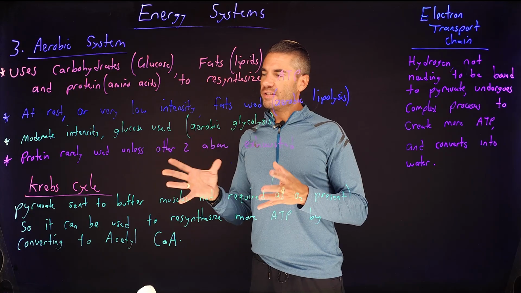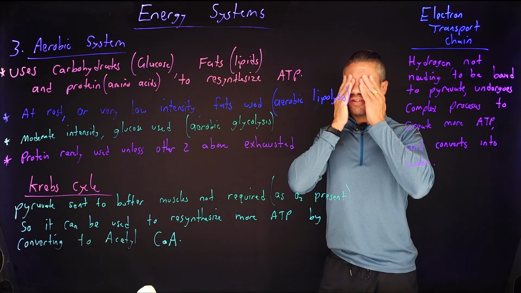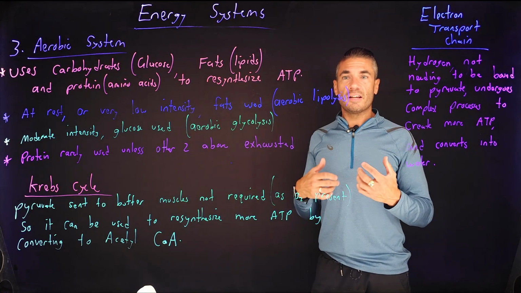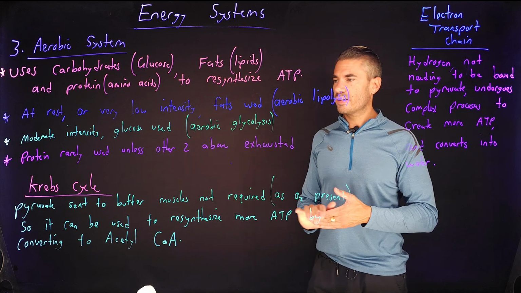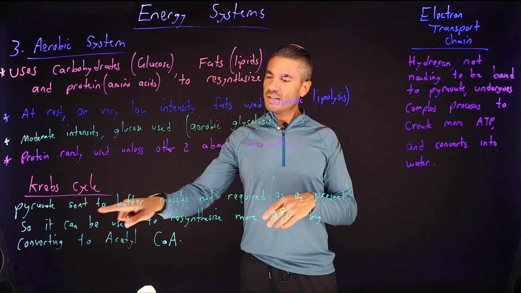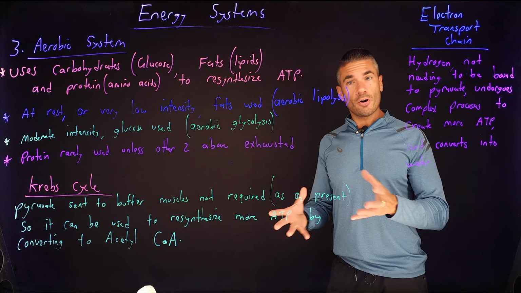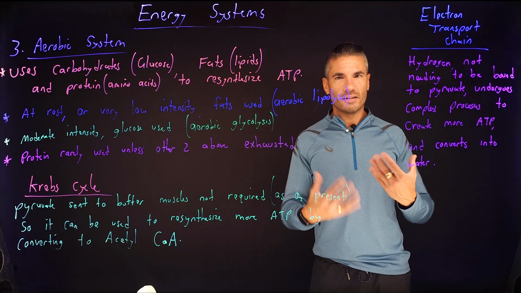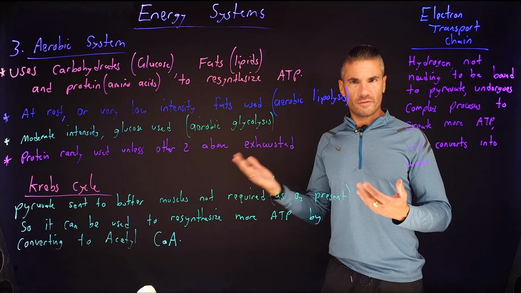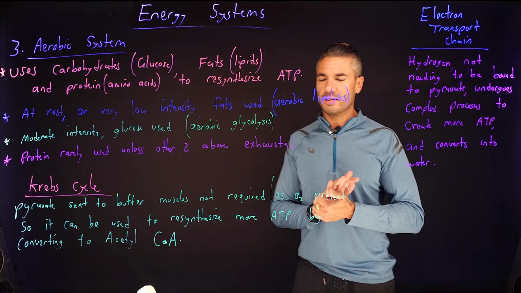So the Krebs cycle, very simply, okay, we know from the previous system that when we're breaking down ATP, the body will send pyruvate to buffer the cells. However, the pyruvate sent to buffer the muscles in the aerobic system is really not required because oxygen is there instead as a buffer and to remove hydrogen, but we'll get to the hydrogen bit in a minute.